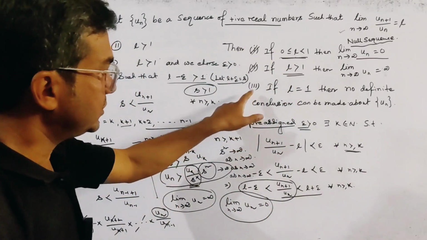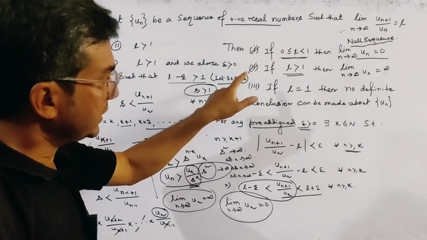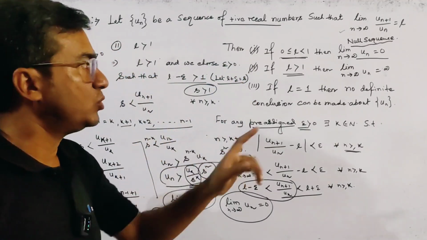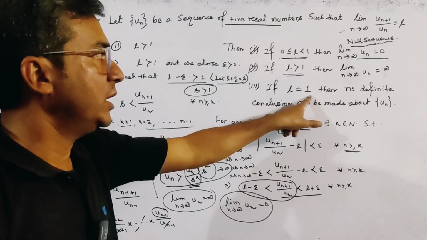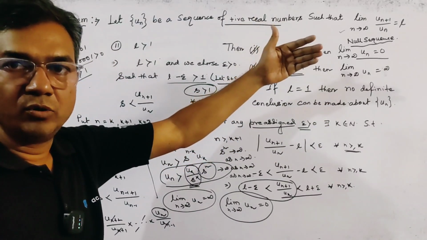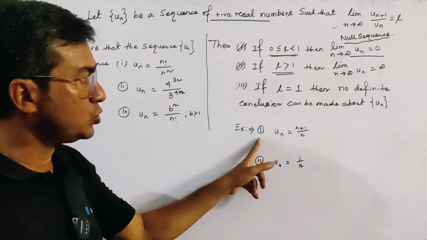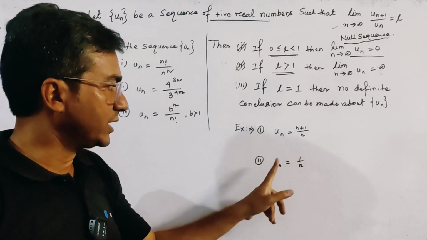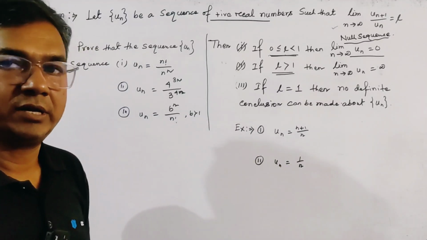For this result, here we have to choose any two sequences whose limiting value is 1, but we cannot make any definite decision here. We consider two sequences: un equal to (n plus 1) by n, and un equal to 1 by n.